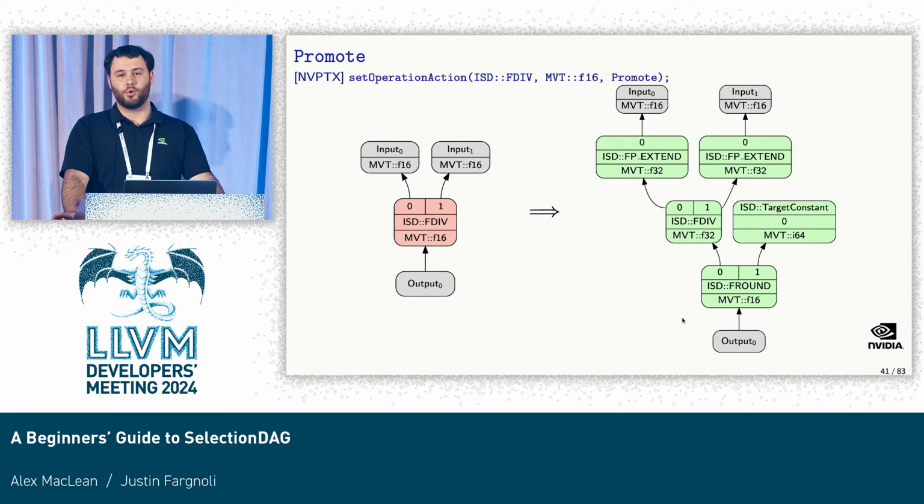Here, we can see the input and output DAGs of our setOperationAction call. Our floating point division gets promoted to an FP32, and SelectionDAG inserts the necessary extends and rounds to ensure we're properly respecting the semantics of our original DAG.